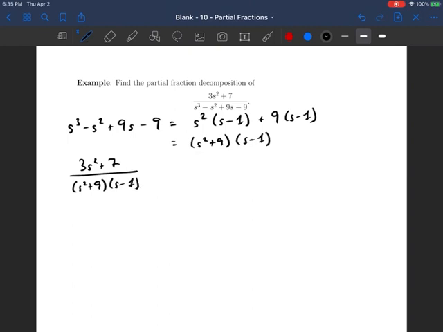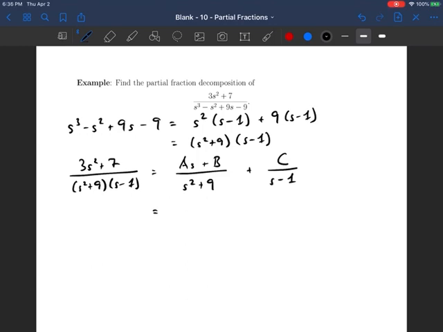We have 3s squared plus 7 over (s squared plus 9) times (s minus 1). And so what does the right-hand side of this look like? Well, it's going to look like as plus b over s squared plus 9 plus c over s minus 1.